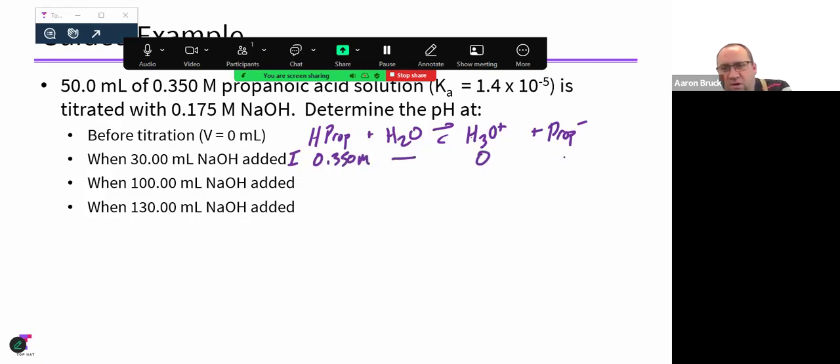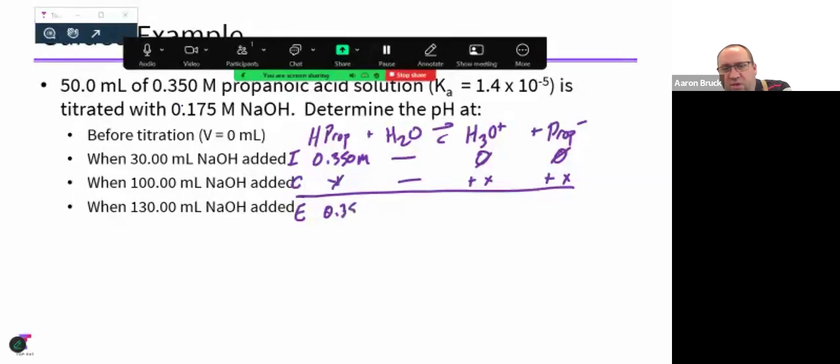We have no hydronium, no propanoate initially. We're going to lose some amount of propanoic acid, gain some amount of each of the products. And so at equilibrium, we have 0.350 minus X for the concentration of the propanoic acid, X for the concentration of hydronium, X for the concentration of the propanoate.